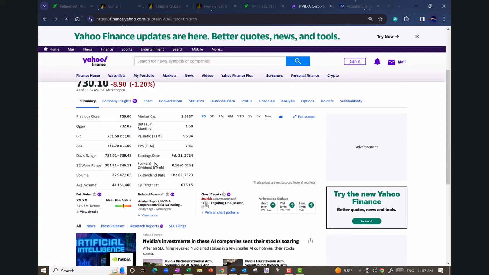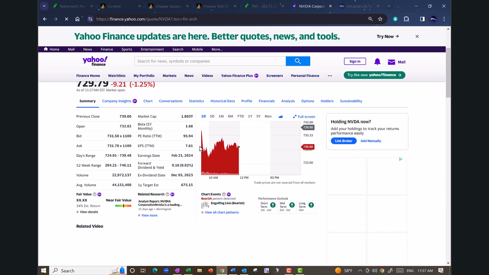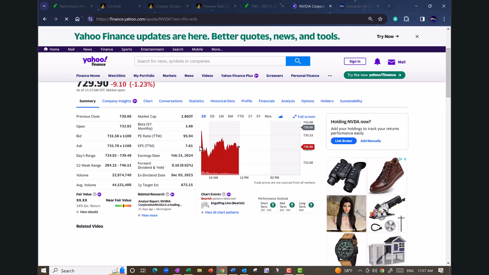It currently has a PE ratio of 96. That's a trading PE. That means price is 96 times the earnings of the previous 12 months. That's pretty high.